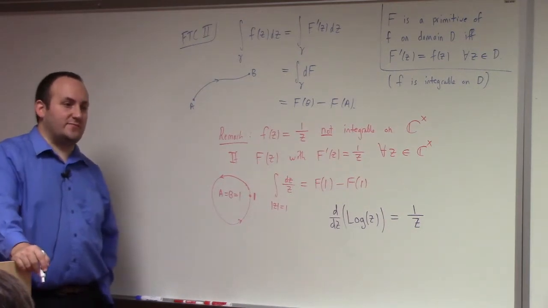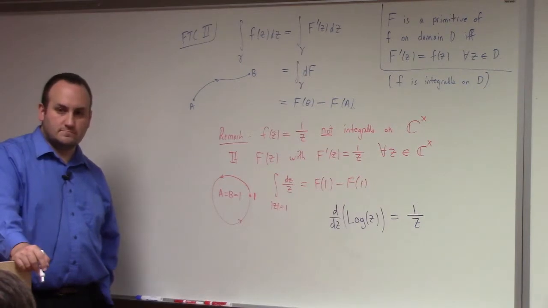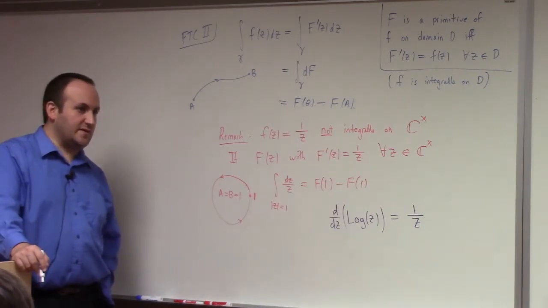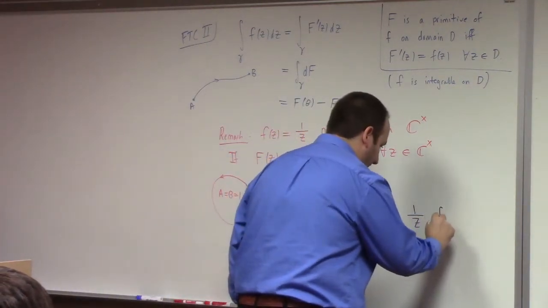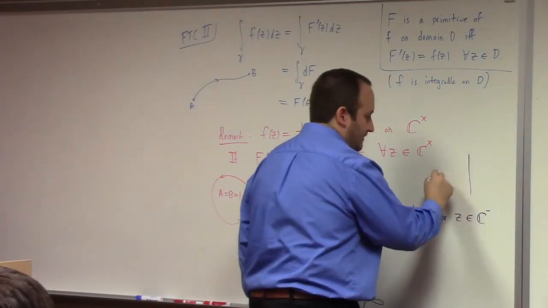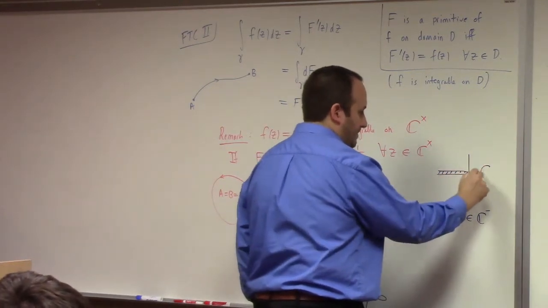What's the domain of the principal logarithm? The split complex plane. The standard one, C minus the negative ray, as we call it. You get rid of that ray.